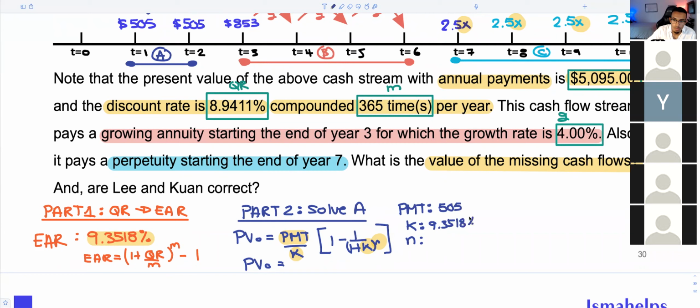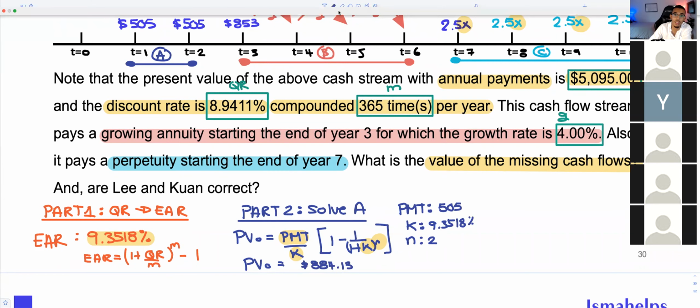Okay, awesome. Awesome stuff. So you guys are doing amazing. So our present value, yes, it'll be equal to 884.13. Write this like that. Okay. Super solid stuff. Very proud, very proud. I'm very proud right now.